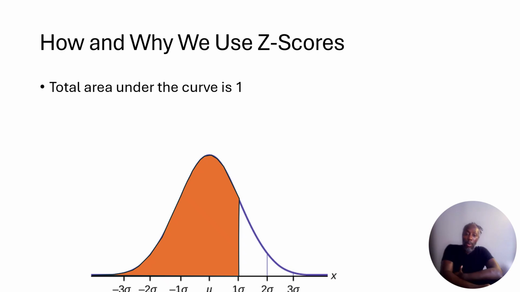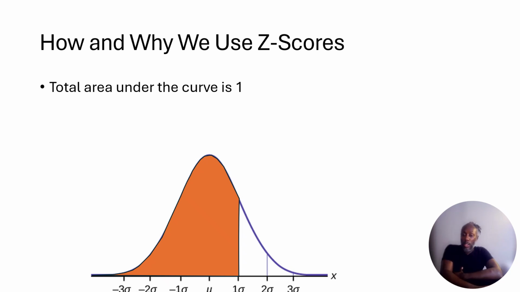We're talking about probabilities of finding a number. Since the z-score goes from negative infinity to positive infinity, it encompasses all values. These are all the values that you could possibly get. And so the total area under the curve is 1. The probability, in other words, of finding any value is 1. You will absolutely find some value if you have a number.